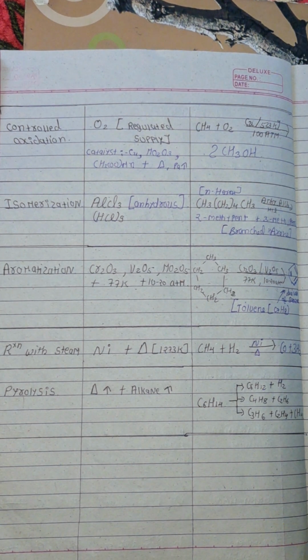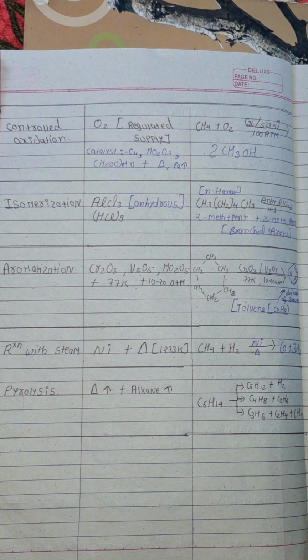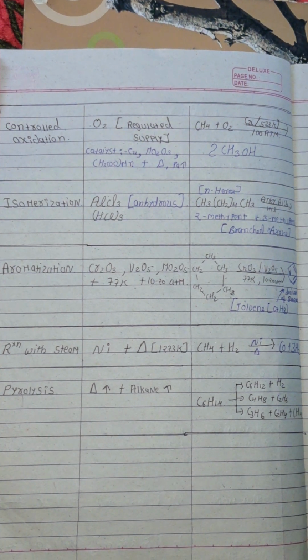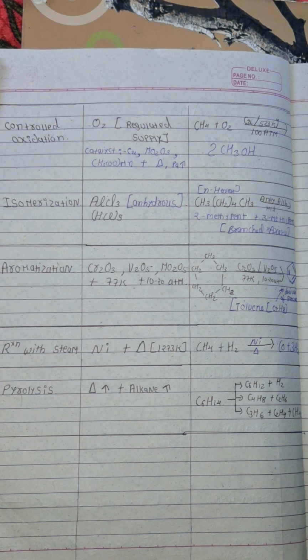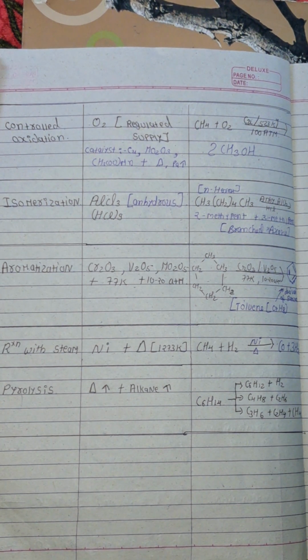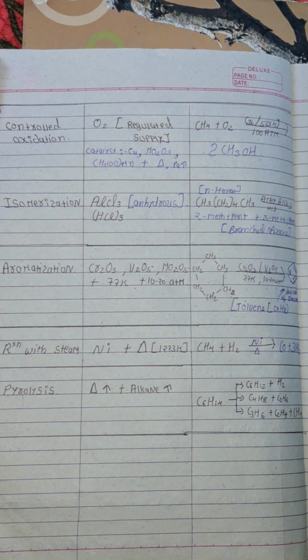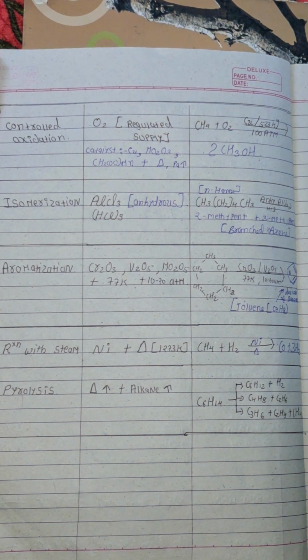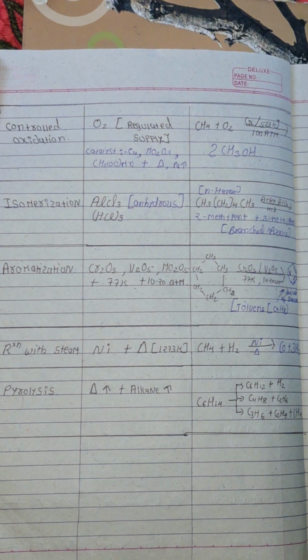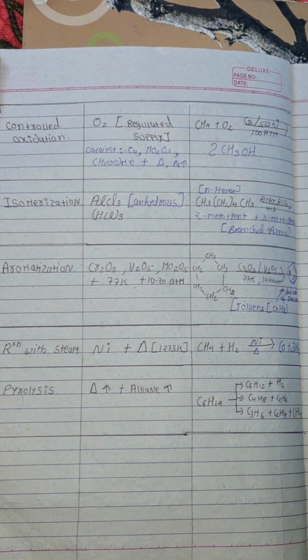Now the seventh reaction is isomerization. Iso means same, merization means forms. Here the reagent is aluminum chloride, which is anhydrous. The meaning of anhydrous is free from moisture. Aluminum chloride anhydrous plus hydrochloric gas.